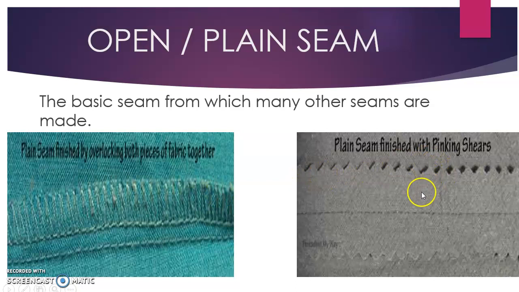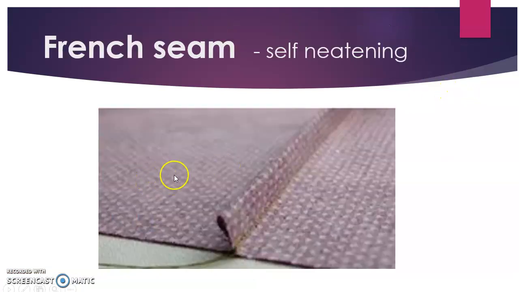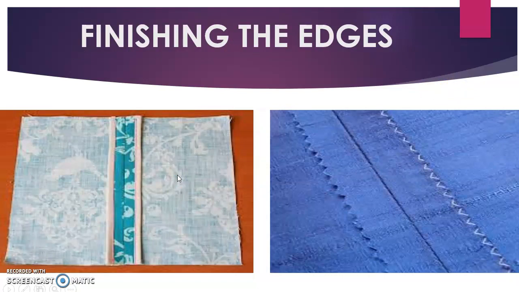This is just like the picture I showed you earlier. And then you can use bias binding to prevent the raw edges of the fabric from fraying.